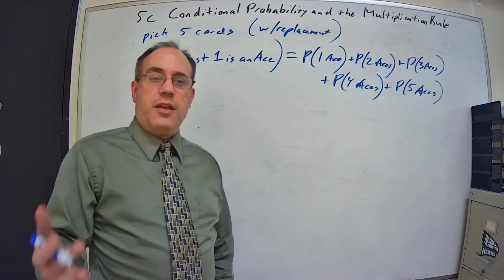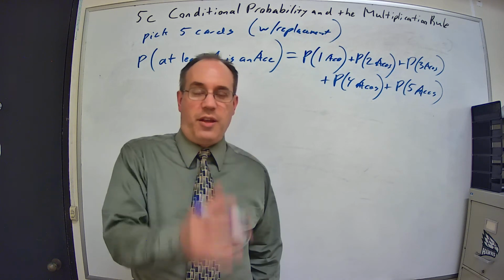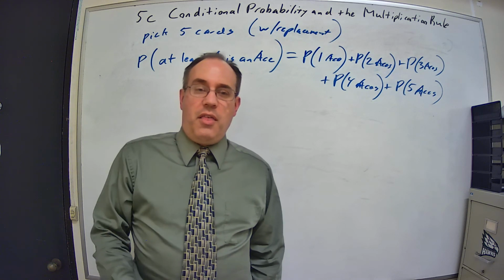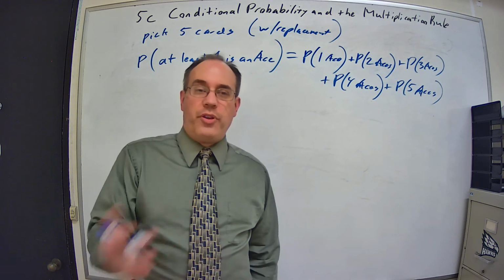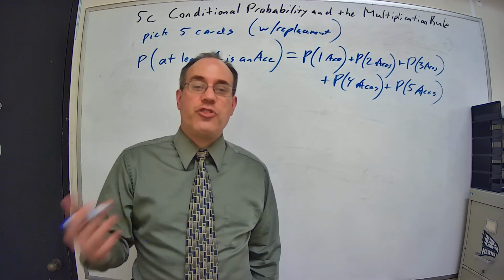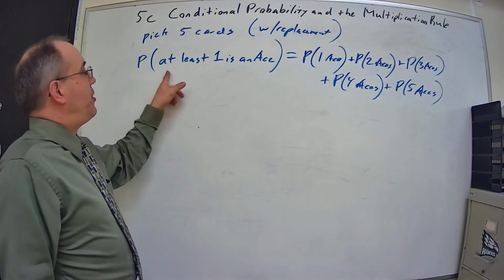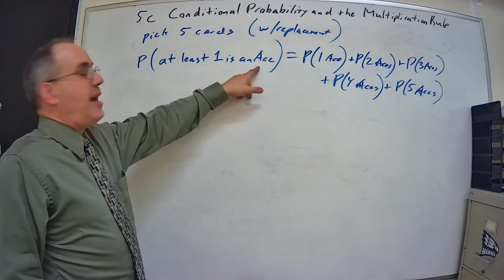Remember complement? It was the opposite. If I know the probability that something occurs, then I can subtract that probability from 1, and that gives me the probability that it does not occur. Looking at this, I want the probability that at least 1 is an ace.